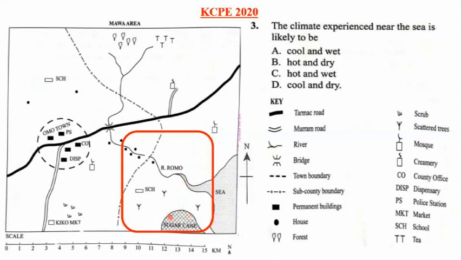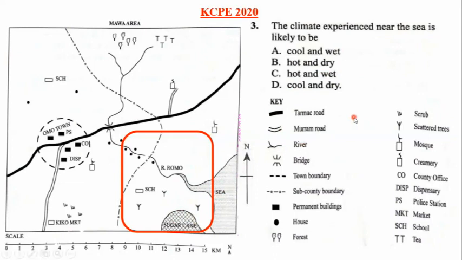The sugarcane being the major factor here, the sugarcane does well on hot and wet climate. So from there, you will be able to say that this area near the sea experiences hot and wet climate. We have used sugarcane as evidence.